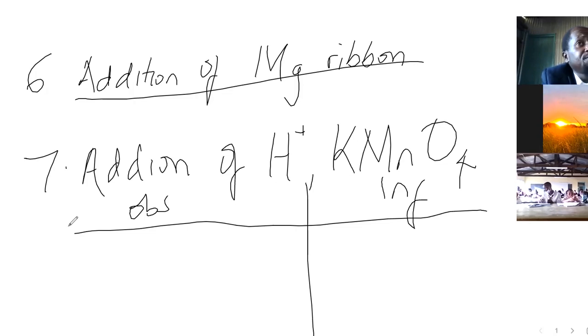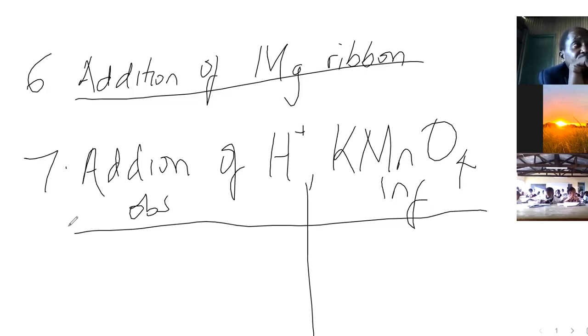Expected observation, and here it's very important, you must mention the two colors, first color and the final color. So you must mention purple potassium manganate 7 changes to colorless, or the color of acidified potassium manganate 7 changes from purple to colorless. You must mention the two colors.